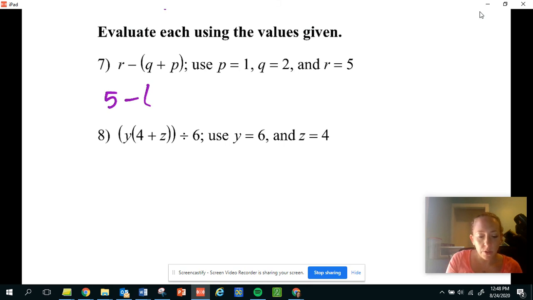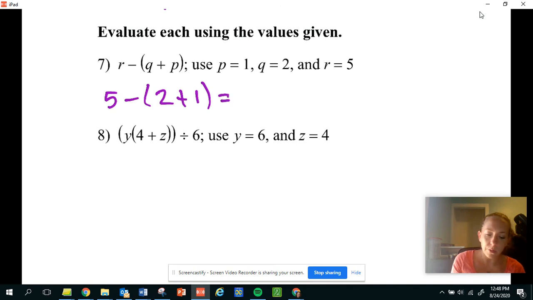And Q is 2, so I'm going to replace Q with 2. And keep the plus sign. And then P is 1, so I'm just going to replace P with 1. So really, I'm just replacing the letters with the numbers that they're saying are equal to each other. Then I just do order of operations.